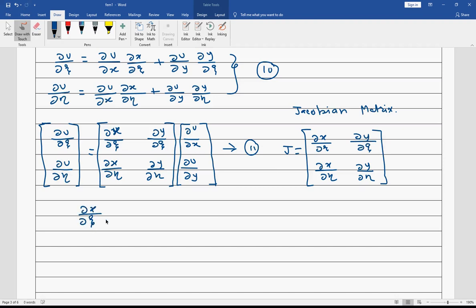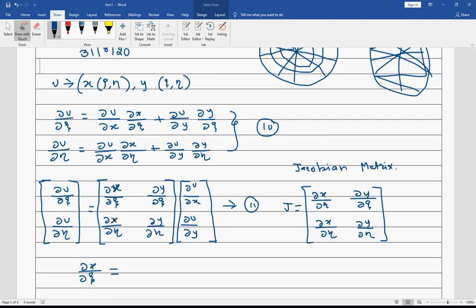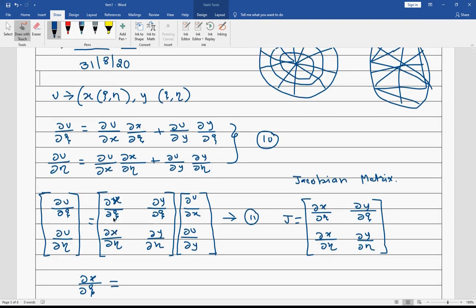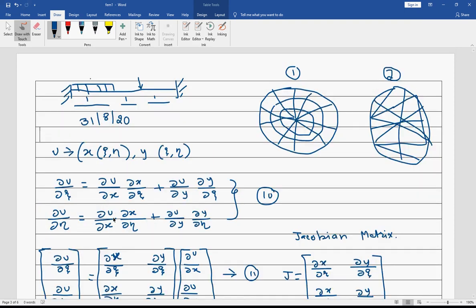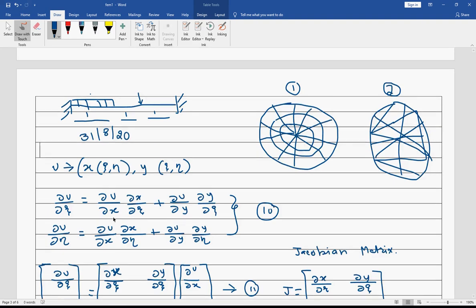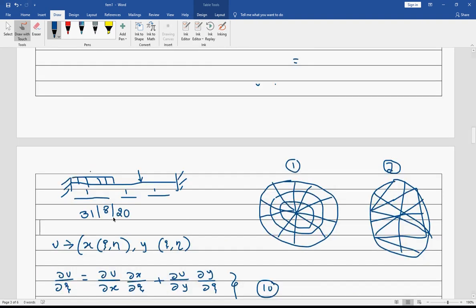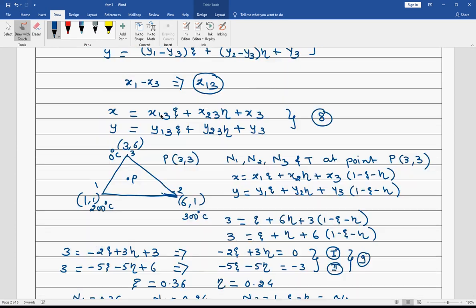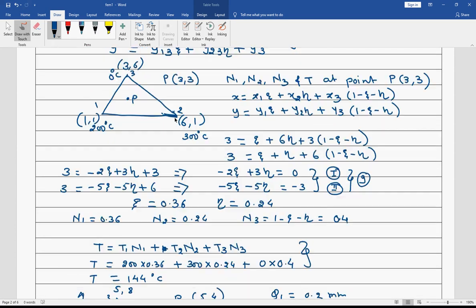So delta x by delta xi. So I go to equation number 8. So delta x by delta xi, I get x13.